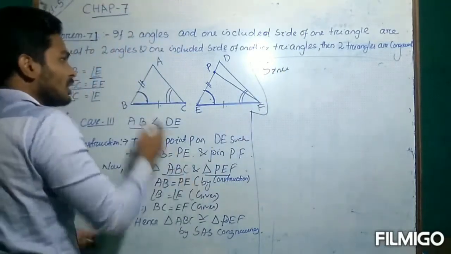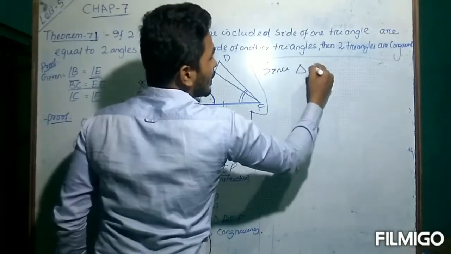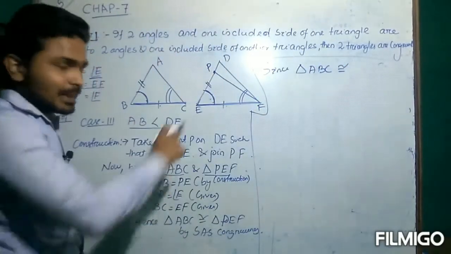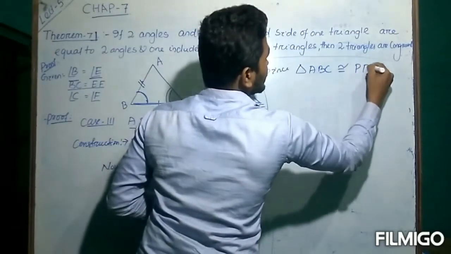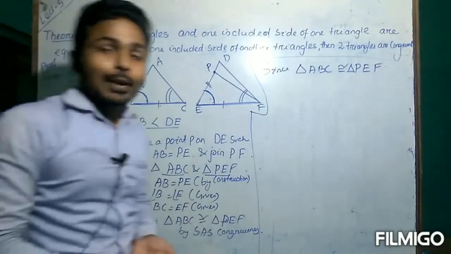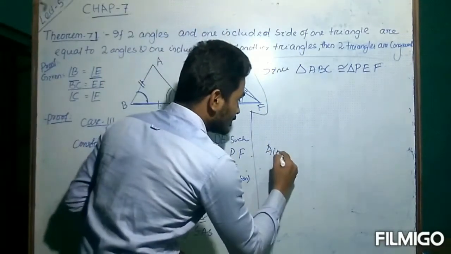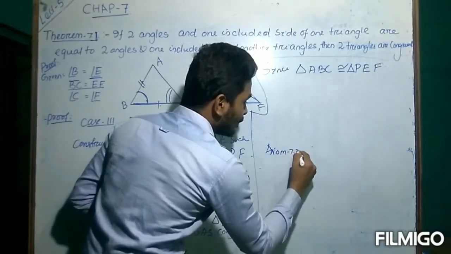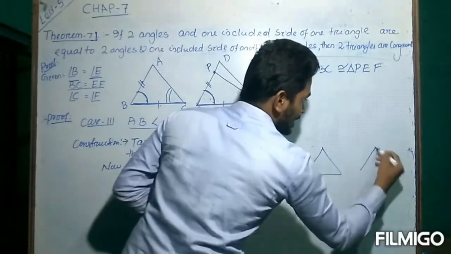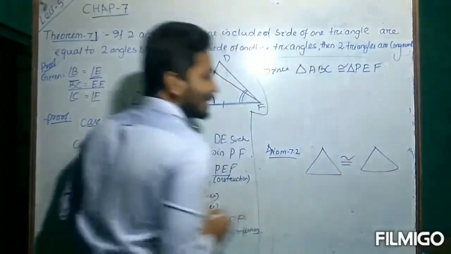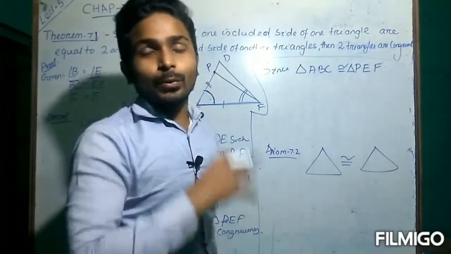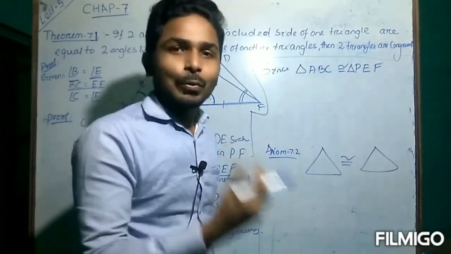Since we have found that this triangle is congruent to this triangle PEF, and we know according to axiom 7.2, if two triangles are congruent, then their corresponding angles will be equal, and their corresponding sides will be equal.